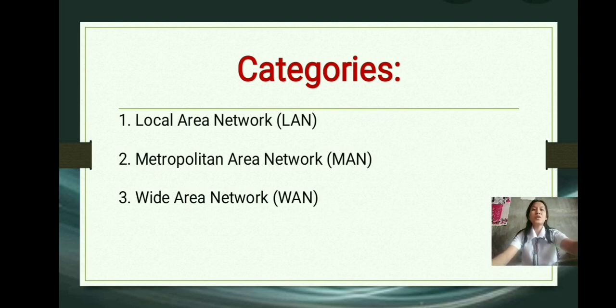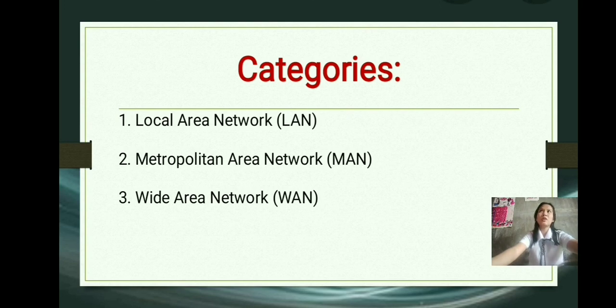While the metropolitan area network covers a larger area by connecting LANs to a larger network of computers. In a metropolitan area network, various LANs are connected with each other through telephone lines. That is the metropolitan. The wide area network covers a country, continent, or even the whole world.